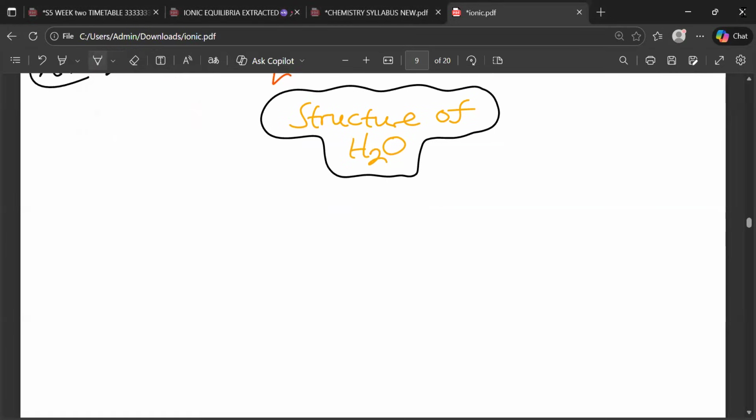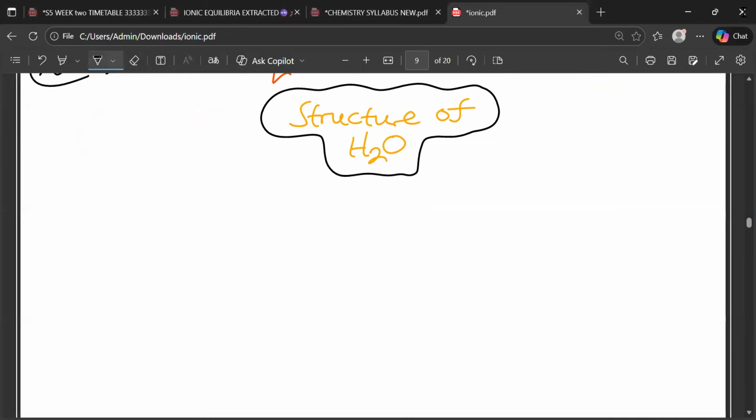Okay. Structure of water. So structure of water, we have our O. I think we are supposed to find some time and also have a class on drawing these shapes because they are the easiest, but I see people crying, shapes.